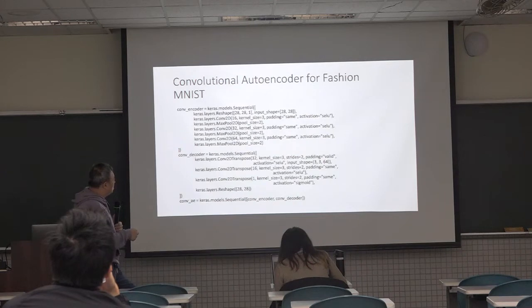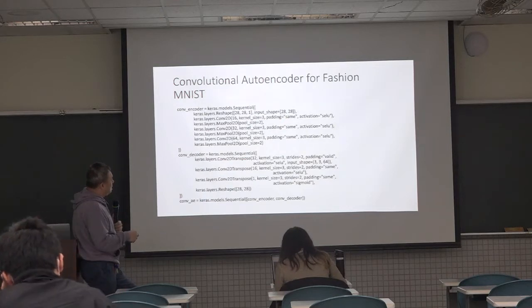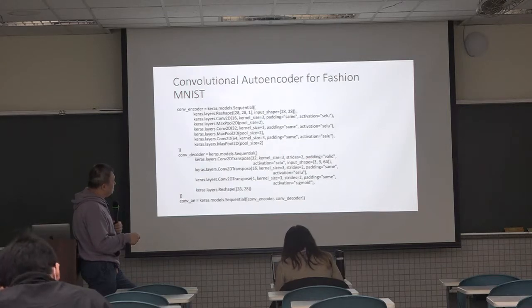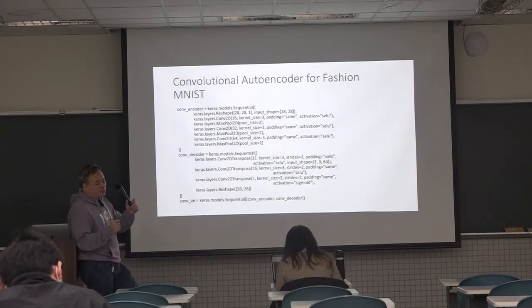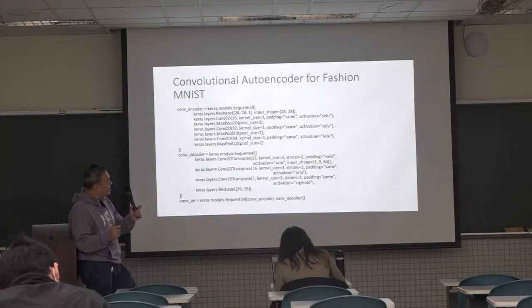For the decoder, we use transpose convolutional layers. We use Conv2DTranspose, which is similar, but we use stride 2. This stride 2 means we double the width and the height.